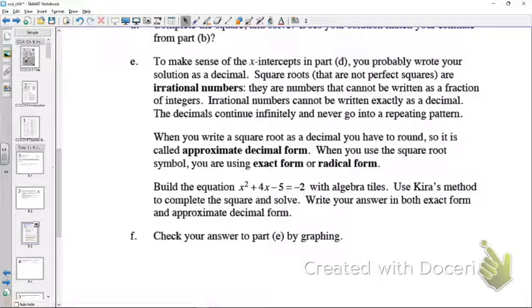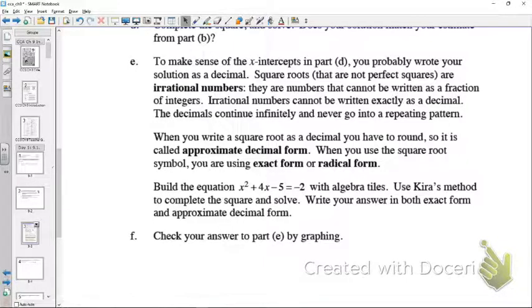If I write that, that's a repeating decimal forever. That is rational, and it's rational because it can be written as a fraction. But certain numbers can't be written as fractions, like the square root of 10, and so we call those irrational.